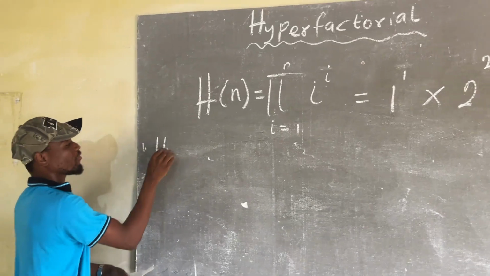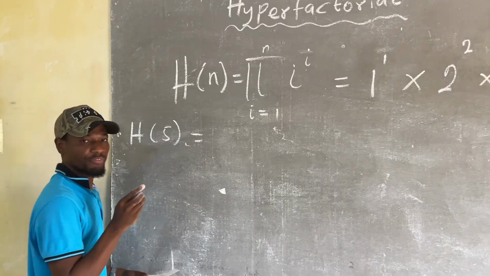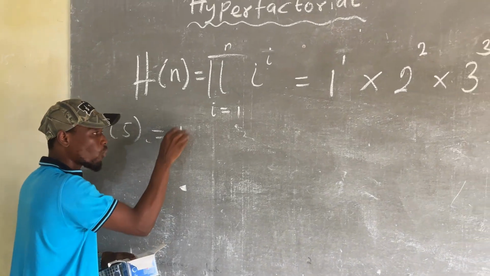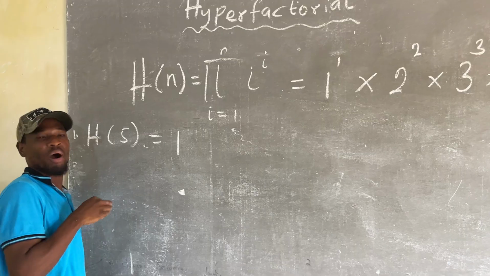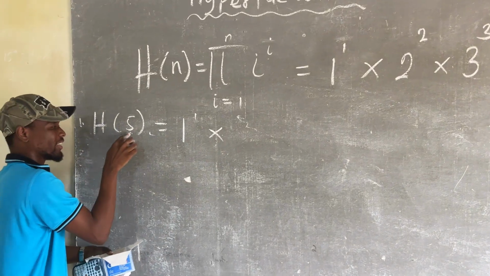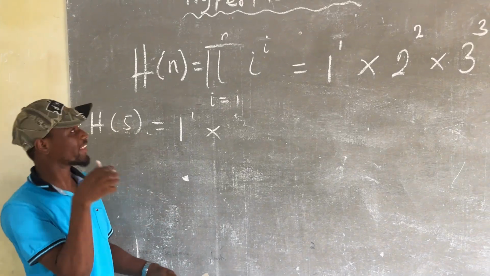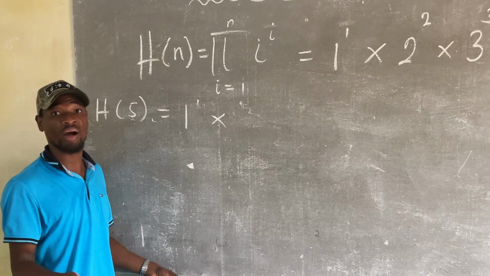So the hyperfactorial of 5 is equal to, start from the number 1. Remember, 1 raised to its own power is 1. Then times, this 5 indicates the ending point, the terminating point.